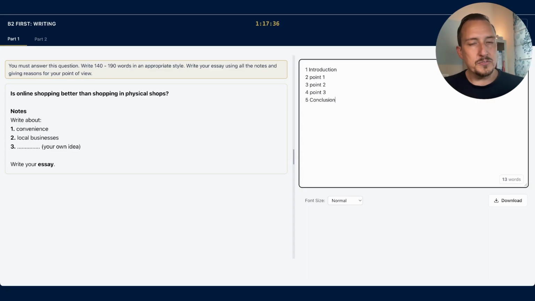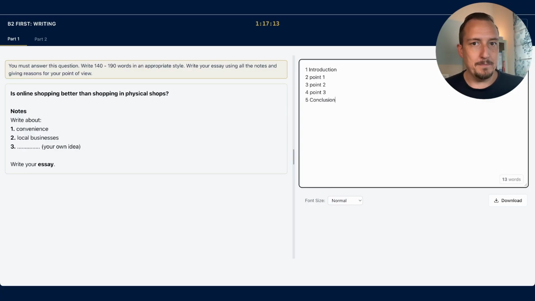But what we now want to do is think about how the essay question relates to that plan. And to start with, I think a really good idea when you've got an essay question like this one, so this is sort of like a yes, no, is online shopping better than shopping in physical shops? I think a good place to start is actually to answer that question. What do you think?